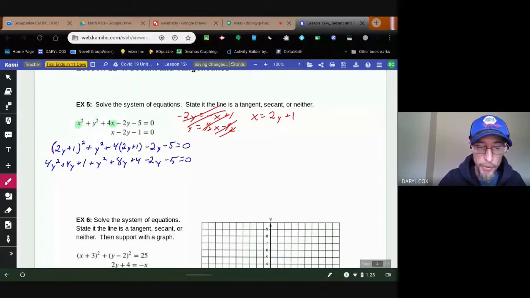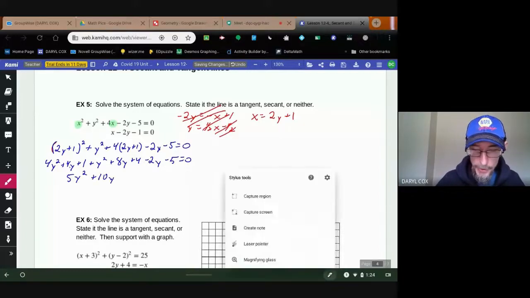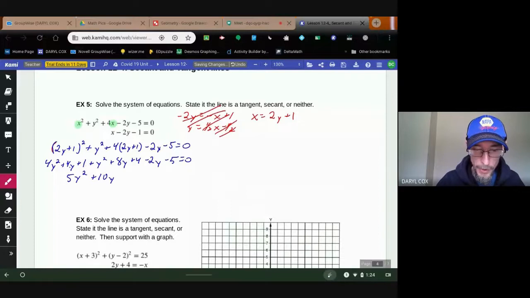I've got 4y squared and 1y squared, so that's 5y squared. 4y, 8y, minus 2y. So that really ends up being 10y. And then I've got 1, 4, negative 5. Oh, look, that's actually 0. That makes life easy. So that side becomes 0, and it equals 0 on this side.